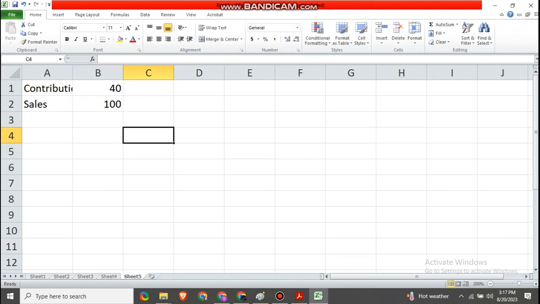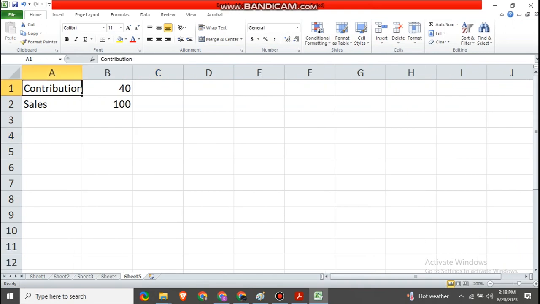Now if I elaborate, contribution means sales minus variable cost. If I find out what my sales is, then I can find out my contribution as well. In order to do that, I'll do the cross multiplication.